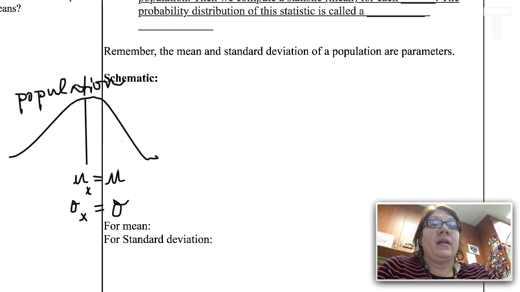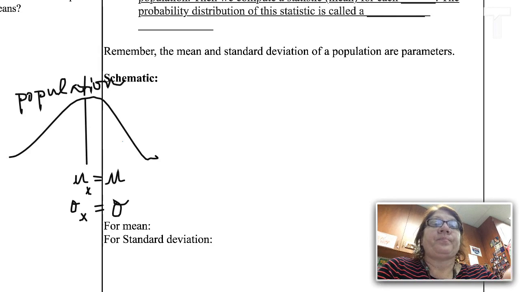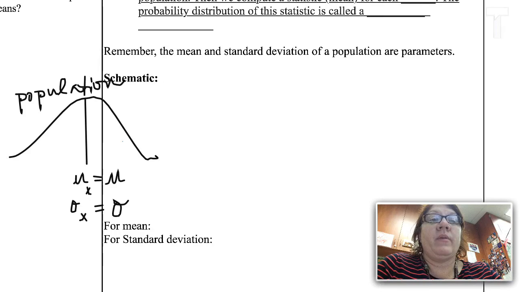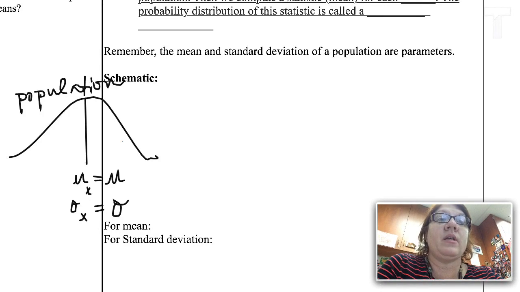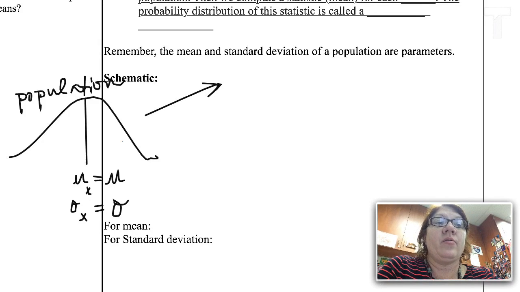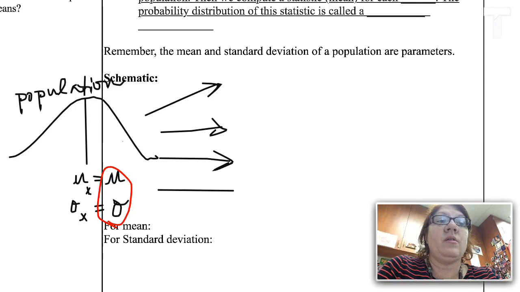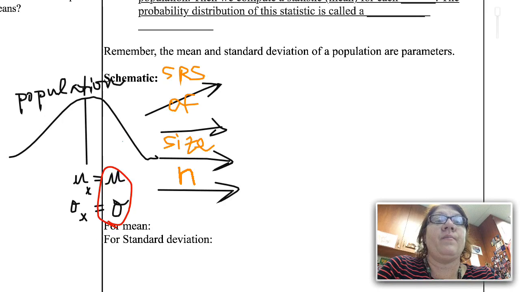And of course the schematic is that I start with the population. Its center is at mu and sigma. We could also say mu of x or sigma of x to denote that it does in fact come from the population, although typically we've just gone with these notations as we've worked these problems since chapter 2. And from that population, we are going to draw simple random samples, all of size n.